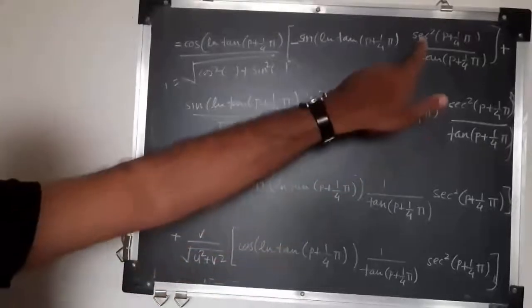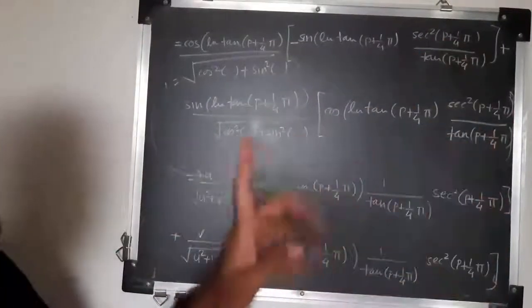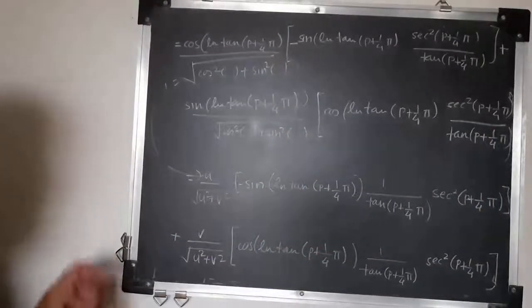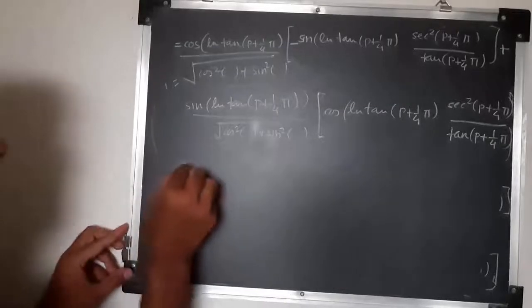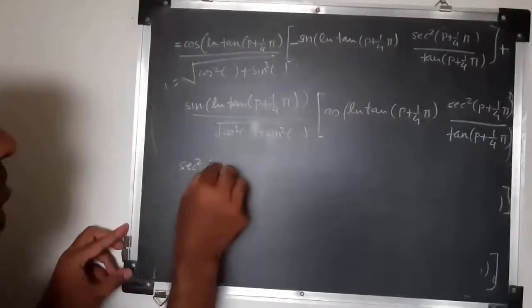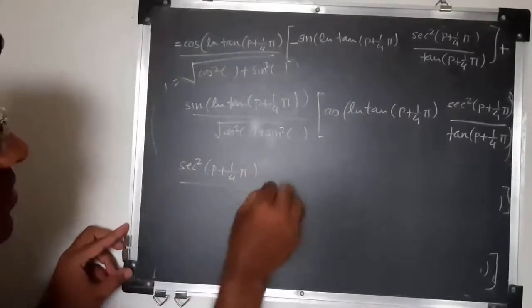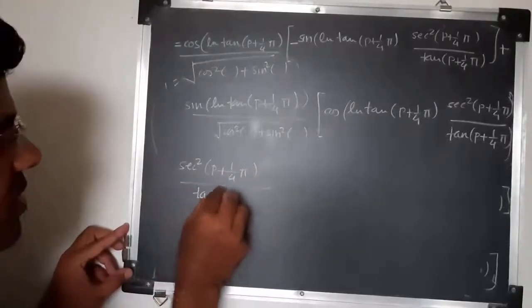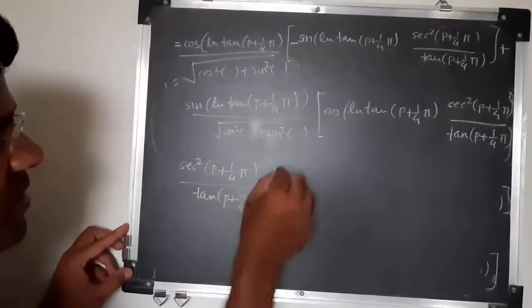Okay, so I can take sec square p plus 1 by 4 times pi divided by tan of p plus 1 by 4 times pi as common.